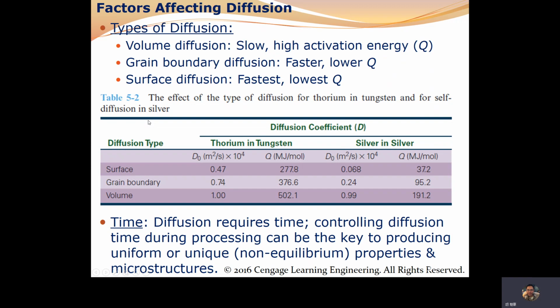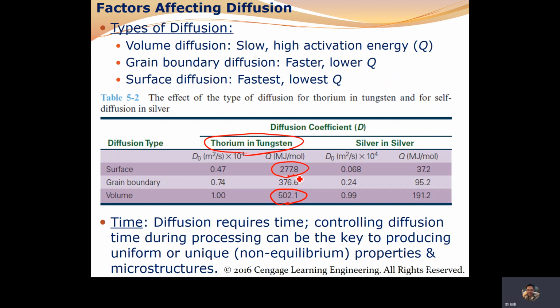Therefore, we can compare. For example, thorium in tungsten is a binary metal, two types of metals. The activation energy is much higher than the surface diffusion.